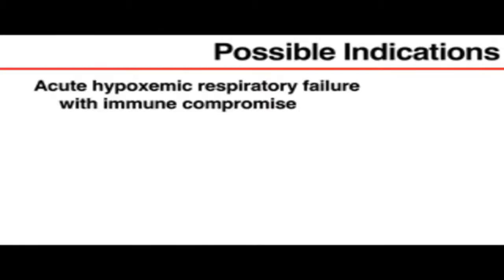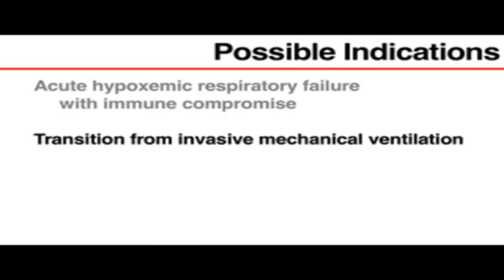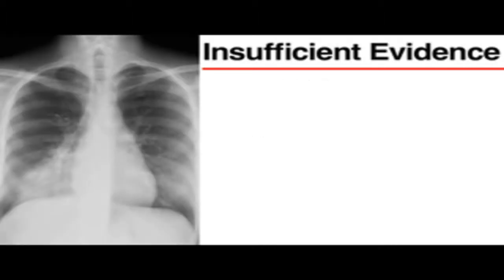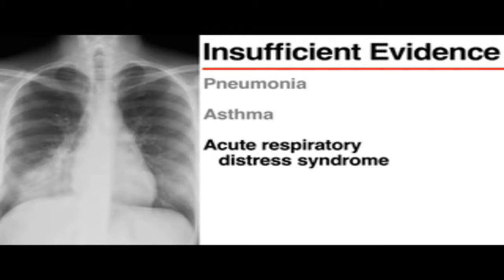There is some evidence that BPAP may be used to treat acute hypoxemic respiratory failure in patients with immune compromise and to help patients with COPD make the transition from invasive mechanical ventilation to spontaneous breathing. An experienced practitioner should determine appropriateness on a case-by-case basis. There is insufficient evidence to recommend BPAP for the treatment of pneumonia, asthma, and the acute respiratory distress syndrome.